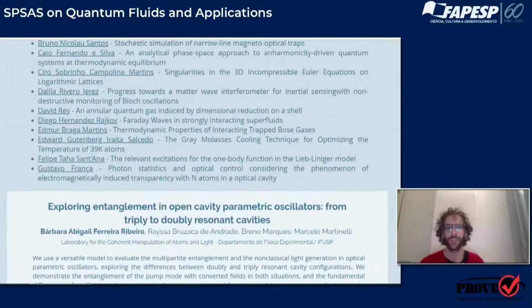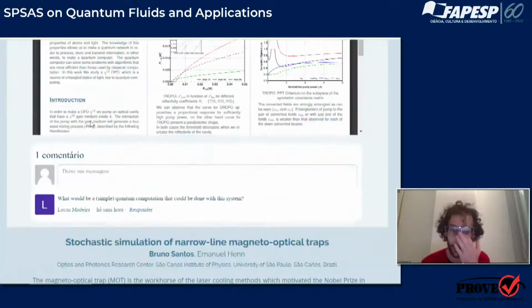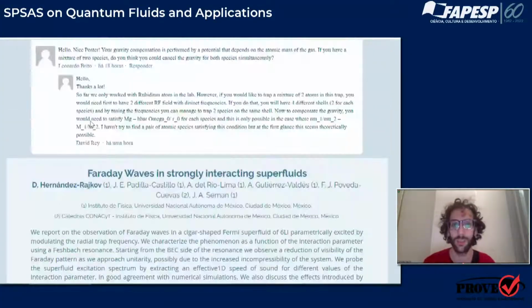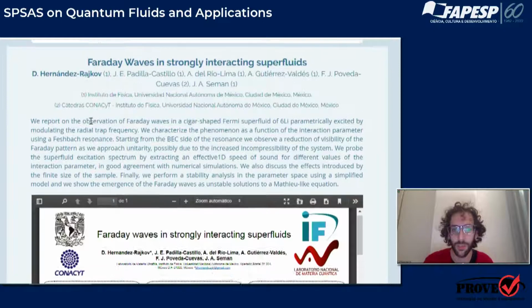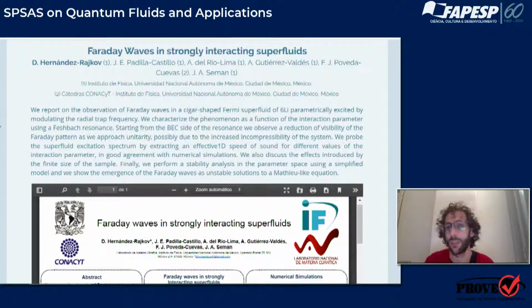Okay. So the work I present here is about the observation and characterization of Faraday waves in strongly interacting superfluids. The work is done in lithium-6, fermionic lithium superfluids, on the BEC side of the Feshbach resonance, that is between the two lowest hyperfine states of lithium-6.